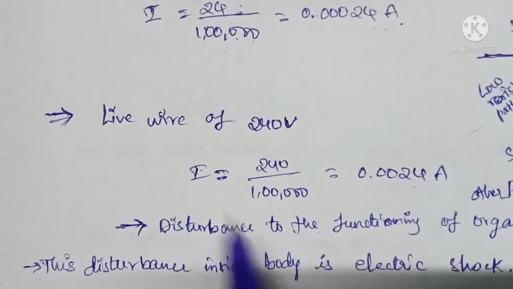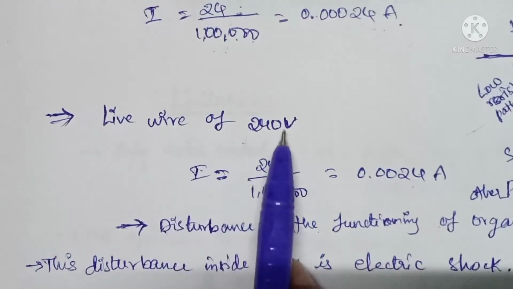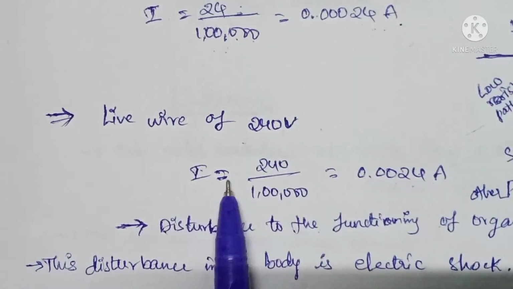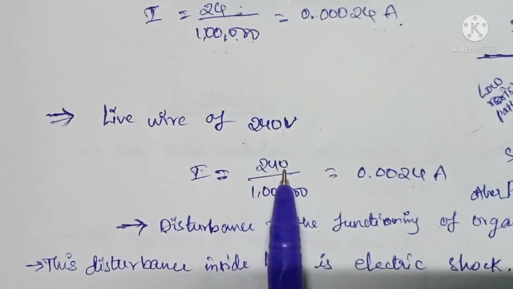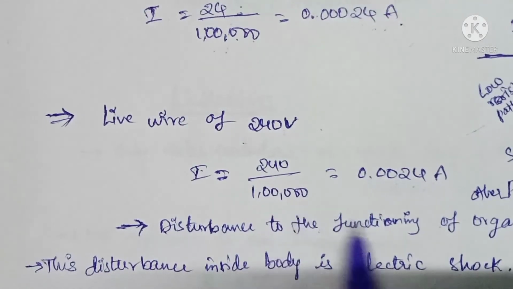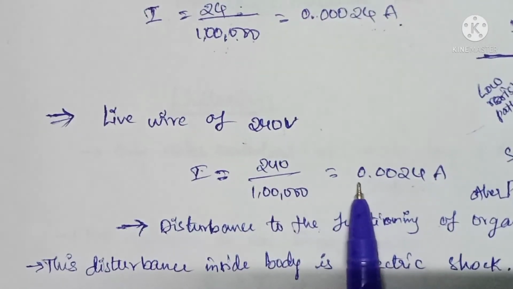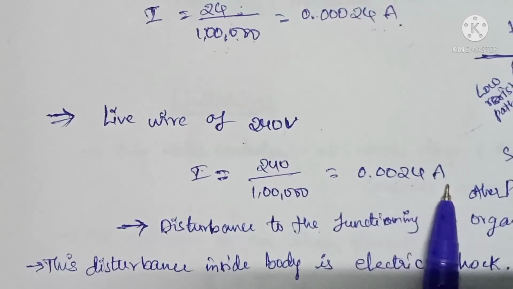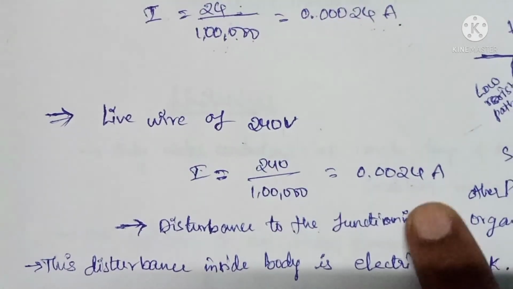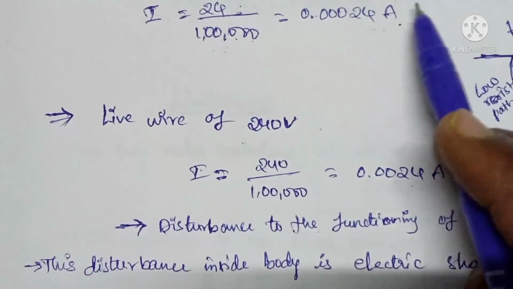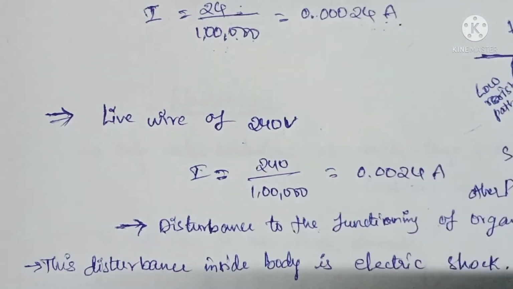Whereas if you touch a live wire of 240 volts, then the current flowing through our body is 240 volts divided by 1 lakh ohm, which is 0.0024 amperes. This amount of current is more compared to the previous current.